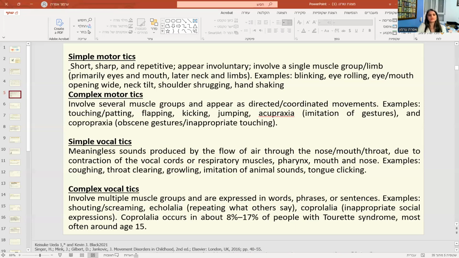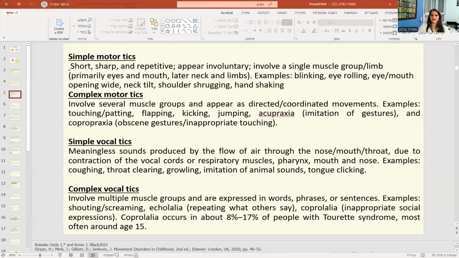The complex vocal tics involve multiple muscle groups and are expressed in words or phrases or sentences.